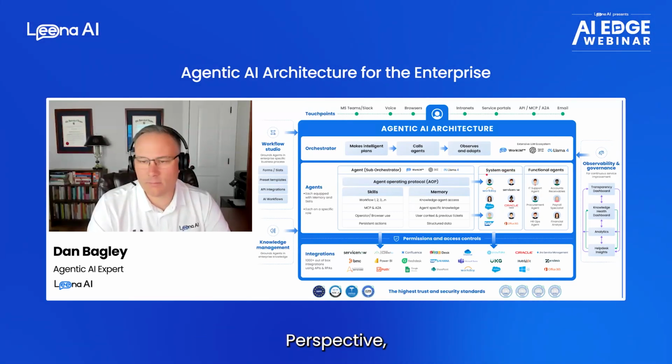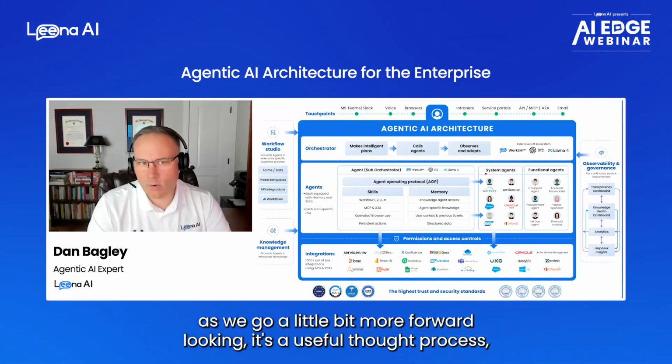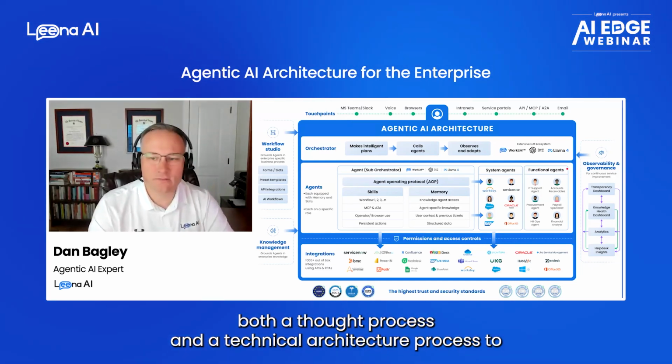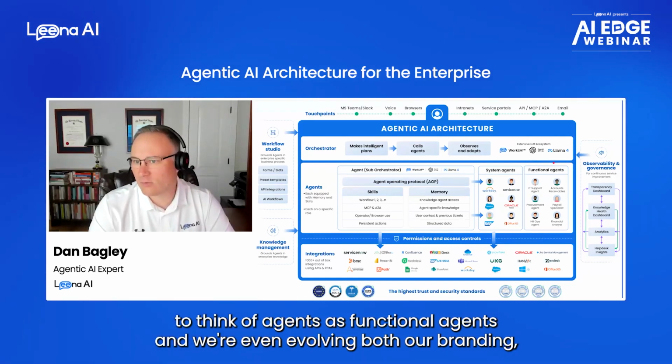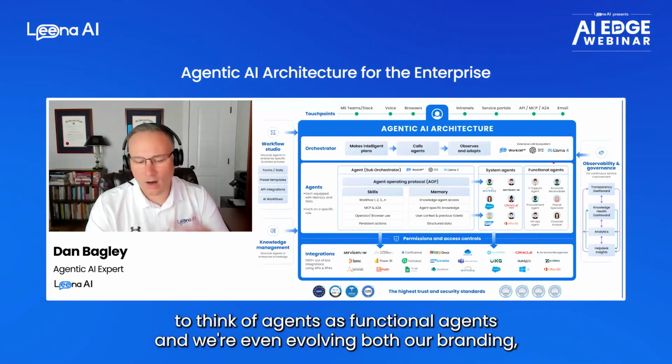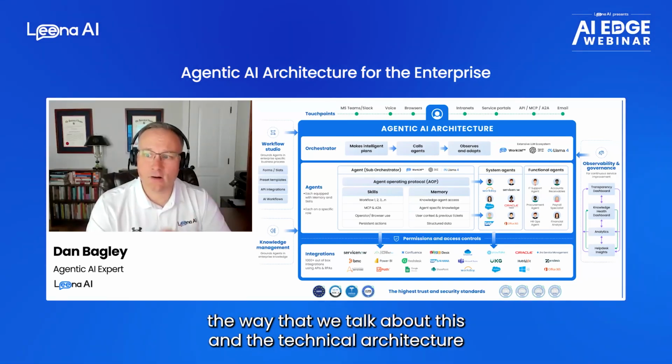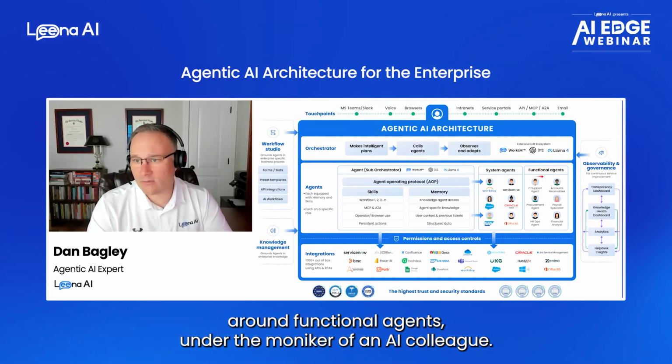As we go a little bit more forward looking, it's a useful thought process, both a thought process and a technical architecture process, to think of agents as functional agents. And we're even evolving both our branding, the way that we talk about this, and the technical architecture around functional agents under the moniker of an AI colleague.